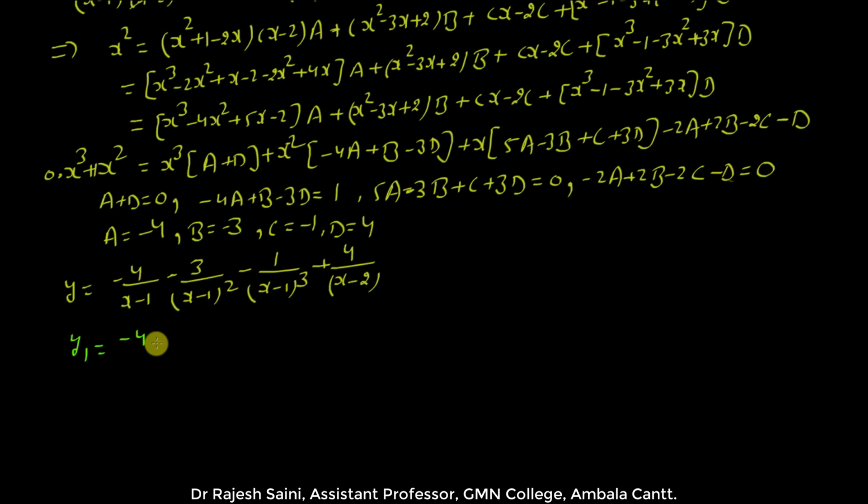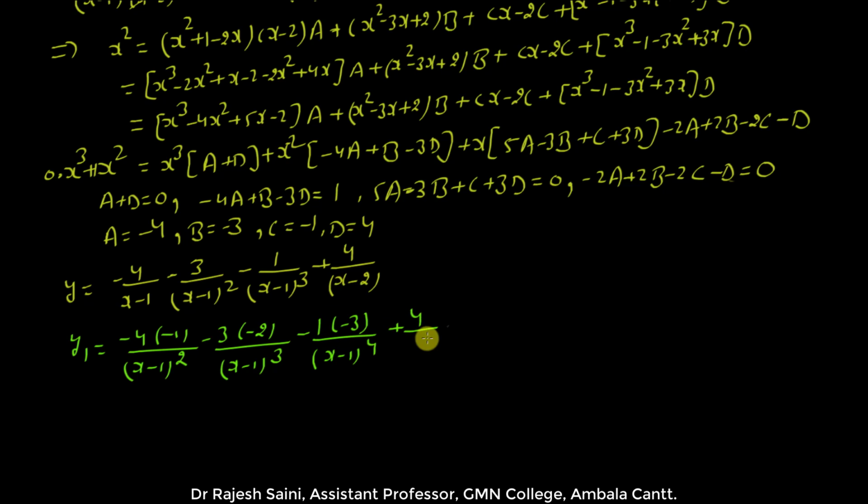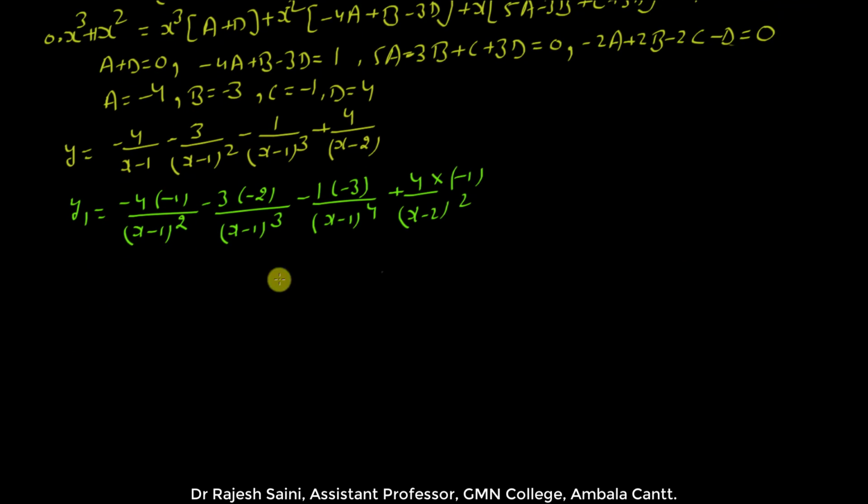It will be minus 4 into minus 1 divided by (x minus 1) square, minus 3 into minus 2 divided by (x minus 1) cube, minus 1 into minus 3 divided by (x minus 1) to the power 4, and here will be 4 into minus 1 divided by (x minus 2) square. Now do one thing, differentiate one more time with respect to x.